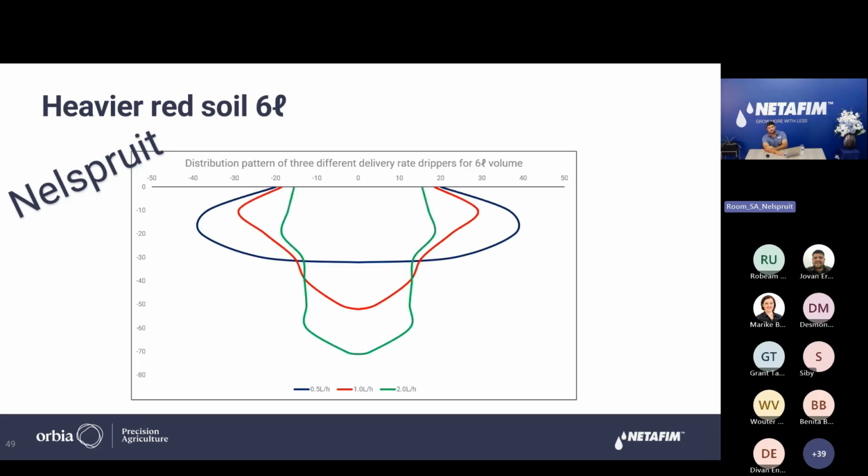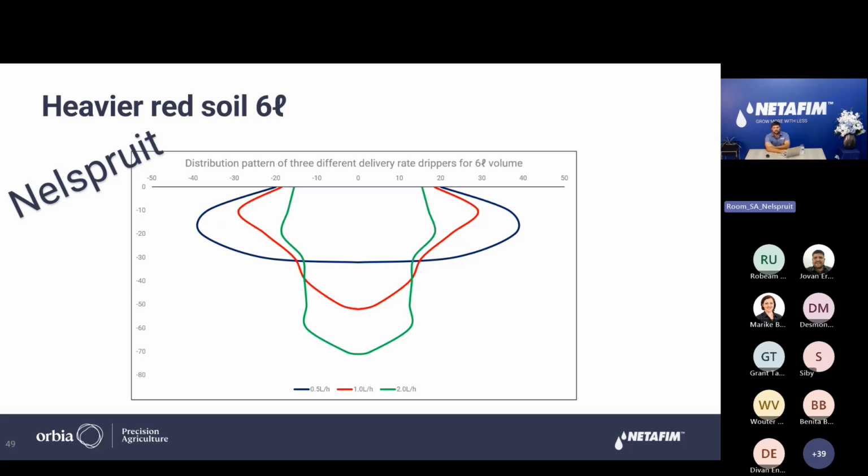But once we had the 6 liter buckets, we started seeing some very interesting things which actually correlate well to what happens in practice if you have compaction and then also layering.